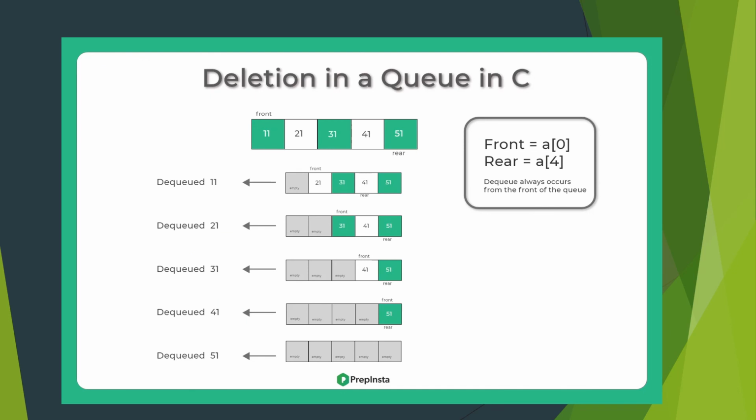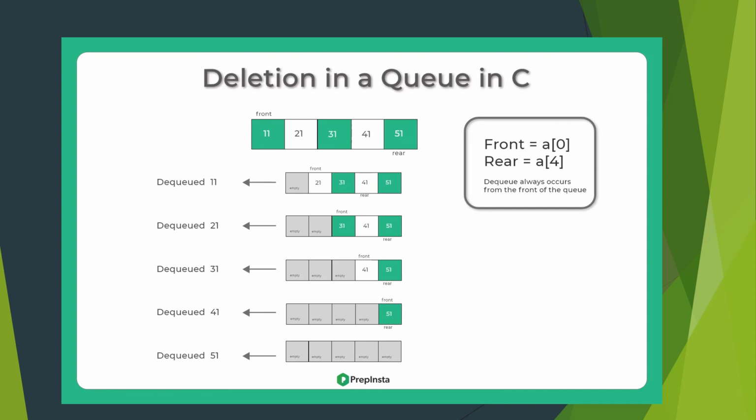So this is a diagrammatic representation of the deletion operation in the queue. Here the queue contains a number of elements like 11, 21, 31, 41 and 51. First, copy the element 11, then delete that element, then increment the front pointer. Then copy the second element 21, delete that element and increment the front pointer.